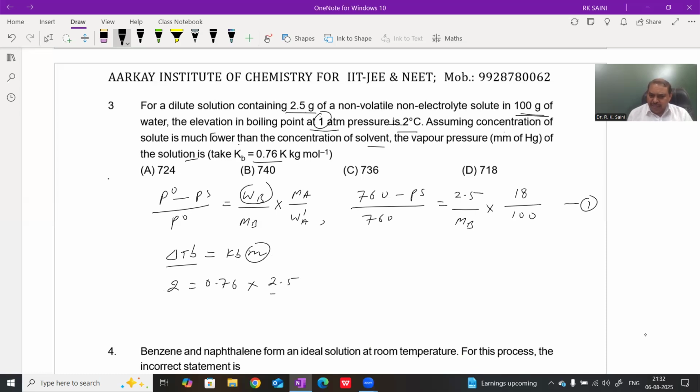2.5 gram non-volatile solute, its molar mass is MB, dissolved in 100 gram of solvent, and we take 1 kg. Equation number 2. Now, equation 1 divided by equation 2. Very easy. The common data are cancelled to each other.